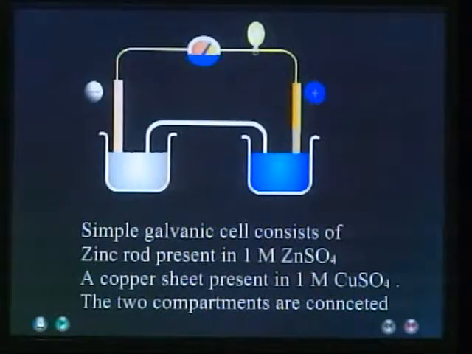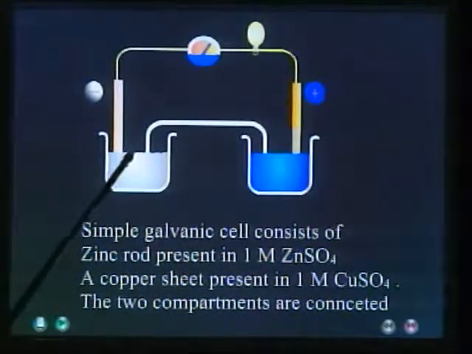A simple galvanic cell can be shown as in the diagram. It consists of two compartments. The first compartment is, for example, filled with 1 M zinc sulfate solution with a zinc rod in it. The second compartment is filled with aqueous copper sulfate solution of 1 M concentration with a copper rod in it.